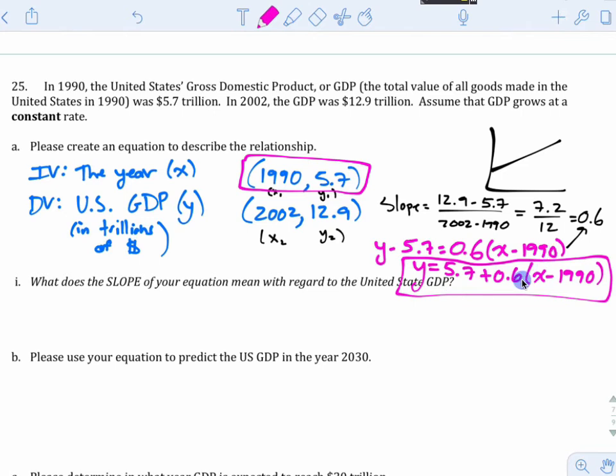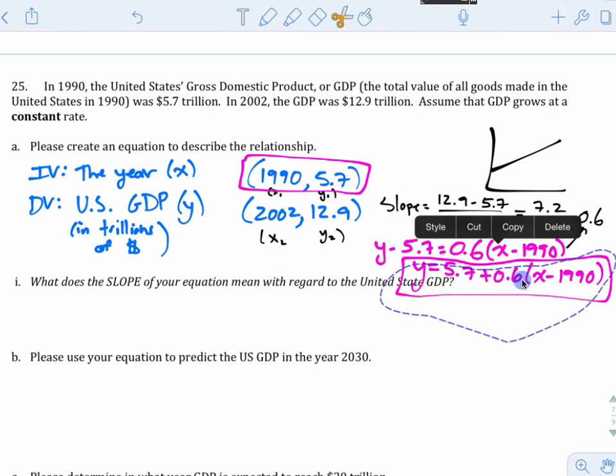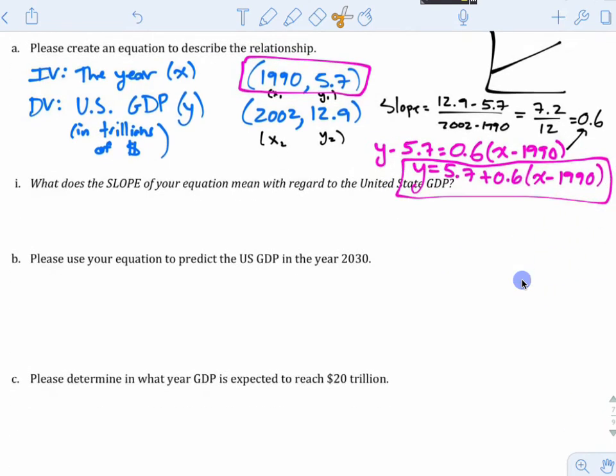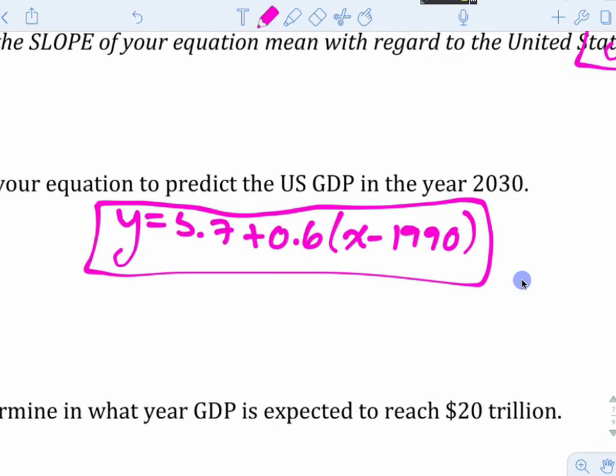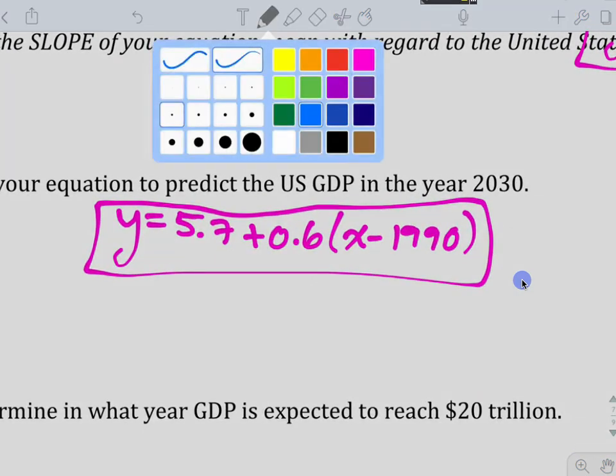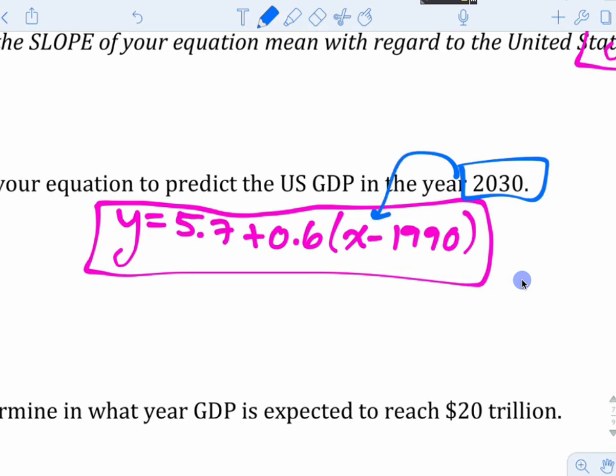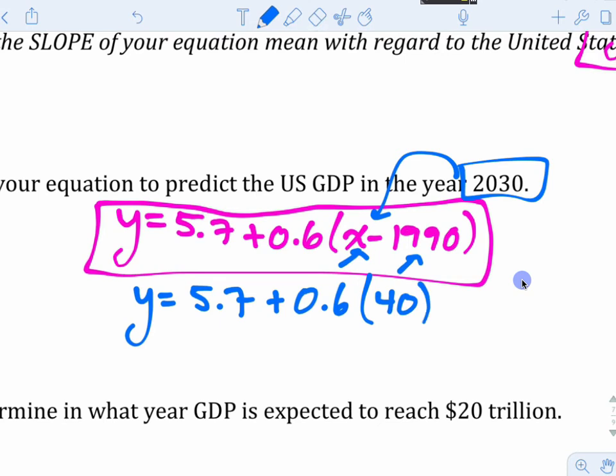So now we have an equation right here, which I'm going to copy and paste elsewhere as well, to describe that relationship, that growth. So if we want to predict the US GDP in the year 2030, all we need to do is take this 2030, slap it on in there, and let's see what happens. We end up with y equals 5.7 plus 0.6 times, well, 2030 minus 1990 is 40, right? It's basically saying, if we grow at $0.6 trillion for 40 years, what are we going to end up with?